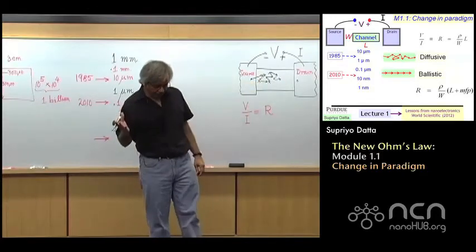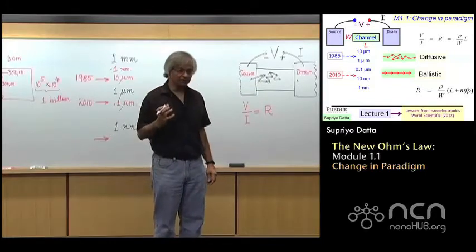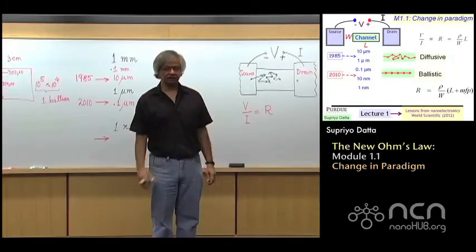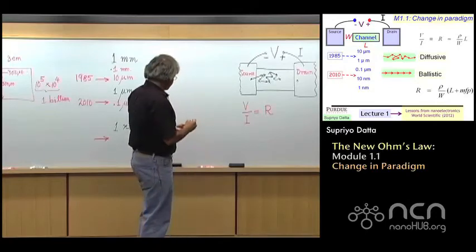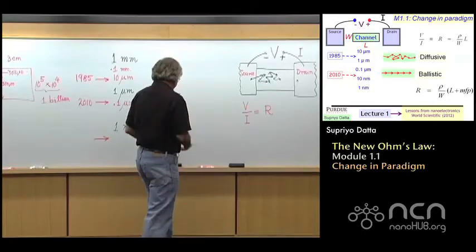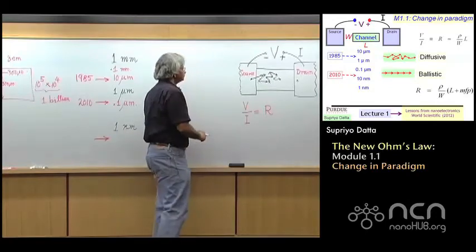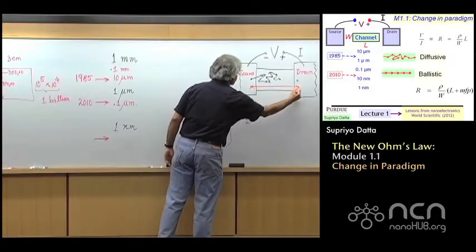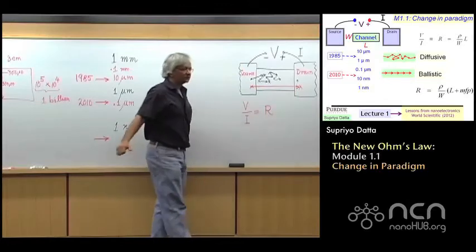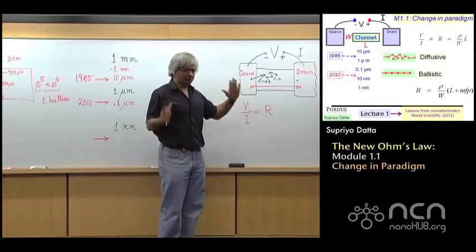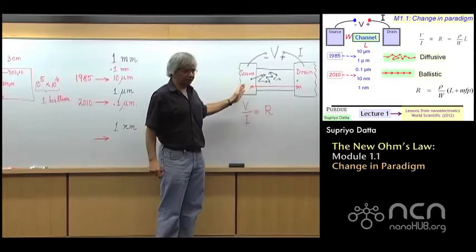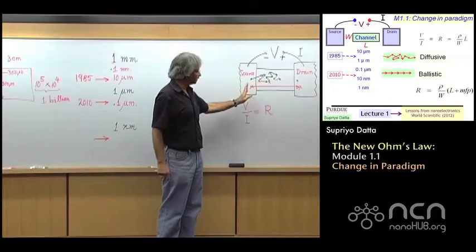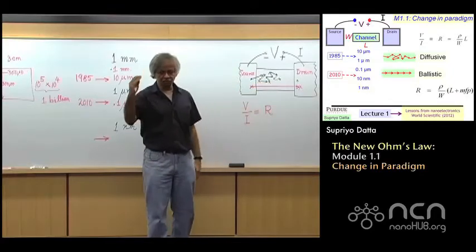By contrast, when you look at small devices of today and even smaller devices, electrons tend to go directly from the source to the drain. The smaller you make it, the more correct this picture is: an electron doesn't hit anything, just goes straight through.